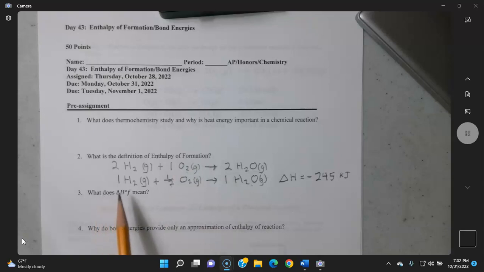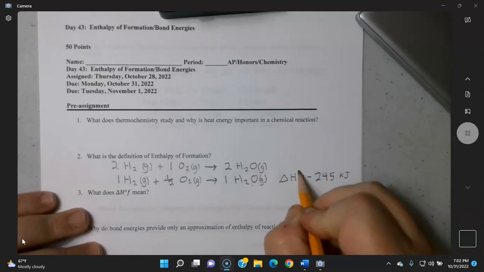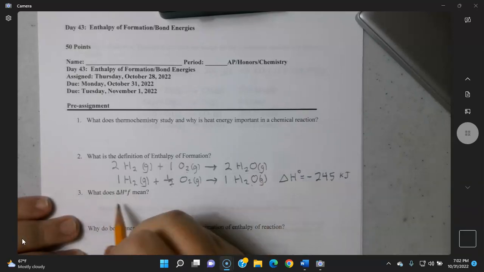Okay, what does delta H little circle F mean? It means the standard enthalpy of formation. So if this is at standard state conditions, this would be the standard enthalpy of formation, and you could put a little circle there.